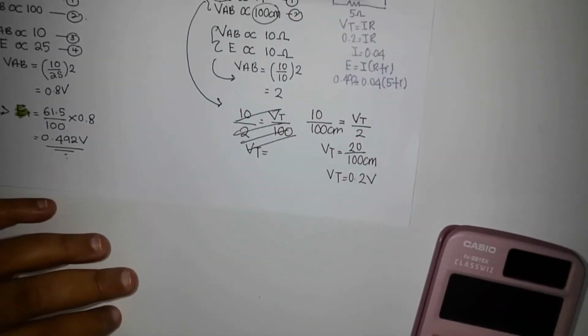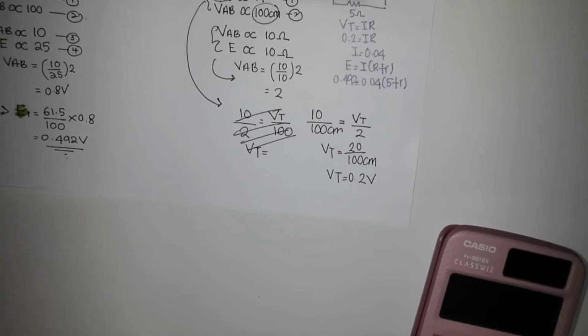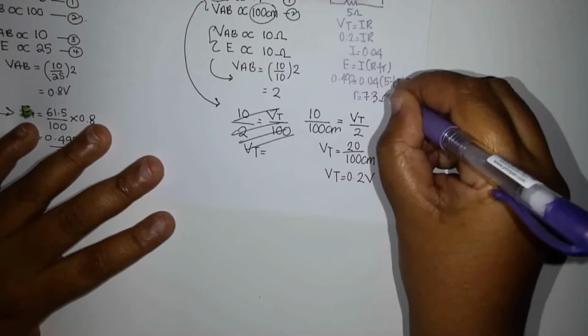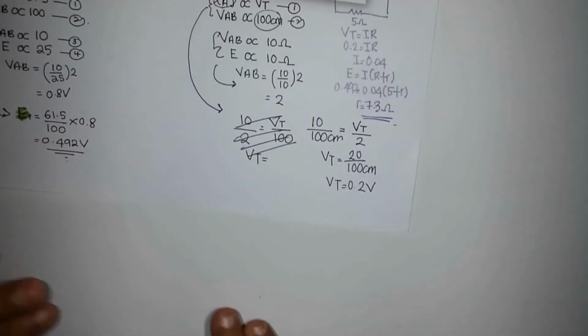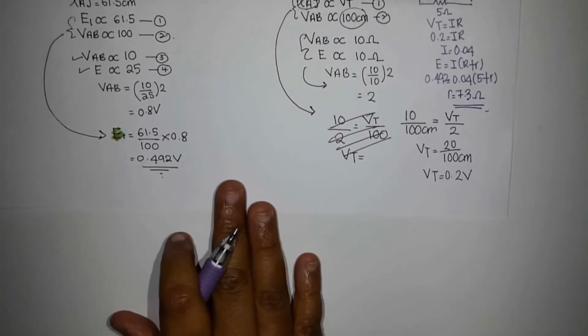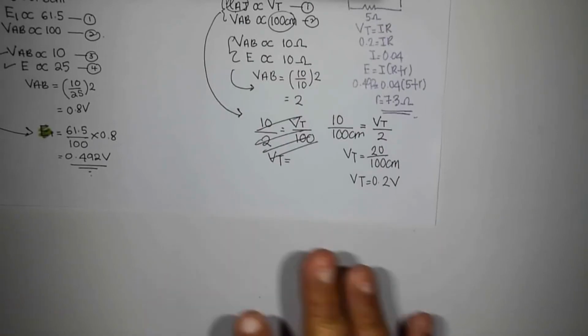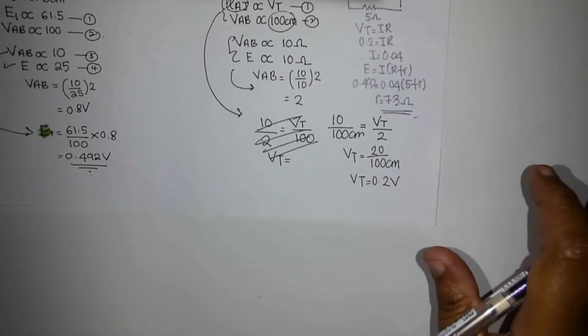Okay, so 0.492 divided by 0.04, minus 5. So we get r as 7.3 ohm. Okay, r is 7.3 ohm. Alright, so we have already done the first and the second question.